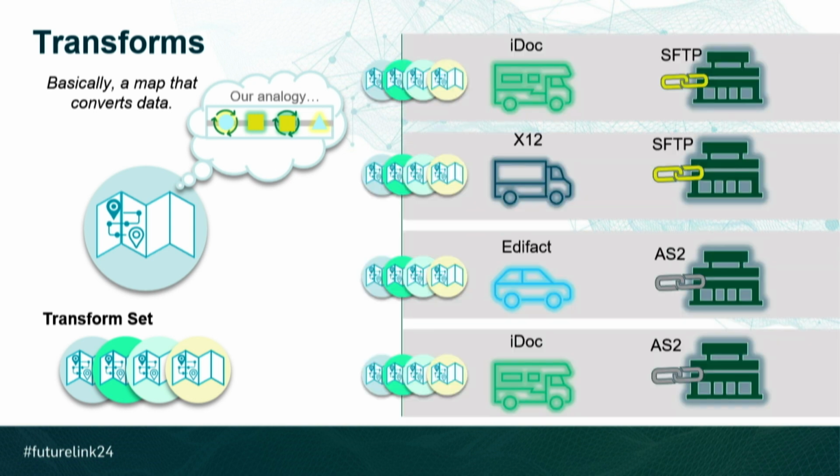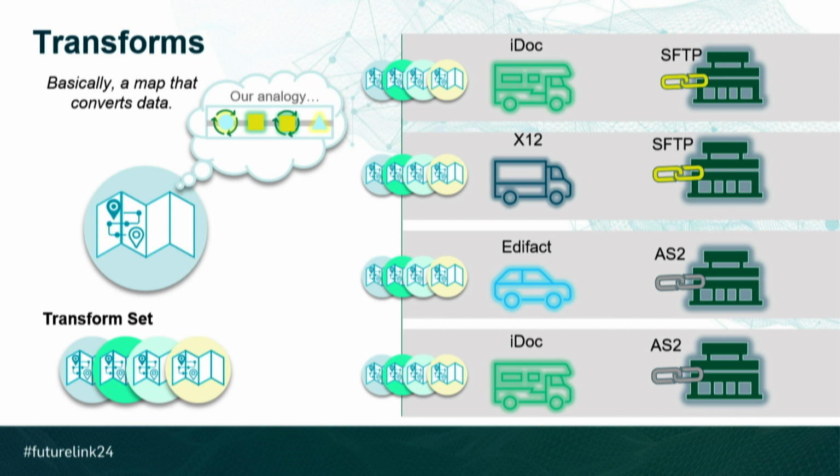For every B2B connection and choreography combination, there is a different transform set. Again, to go through the B2B connections, we have SFTP, AS2, and the different choreographies that are represented by the postal vehicles. Examples are iDoc, X12, and EDIFACT.